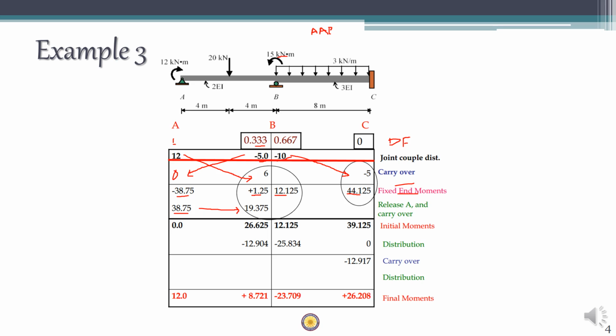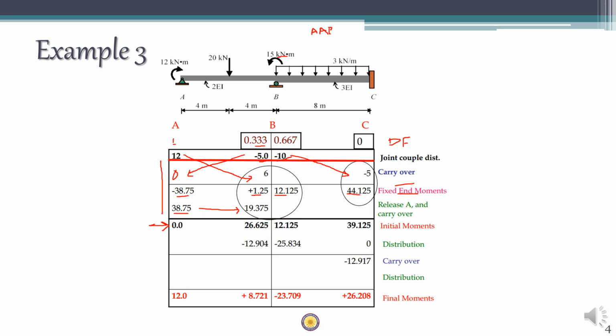So next, you have to sum these three columns, starting from carryover up to the release. These three columns have to be summed up and you have to write down these initial moments. Okay, so once you get the initial moments, the remaining step is the proper moment distribution.